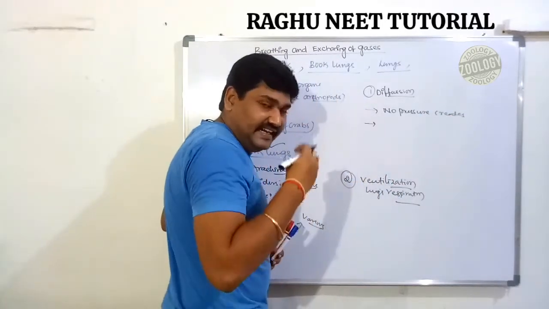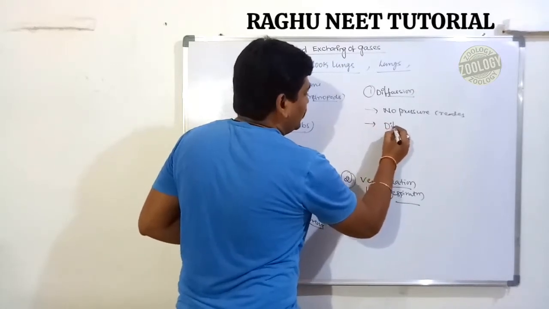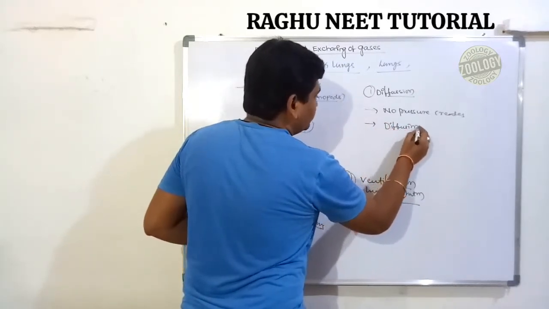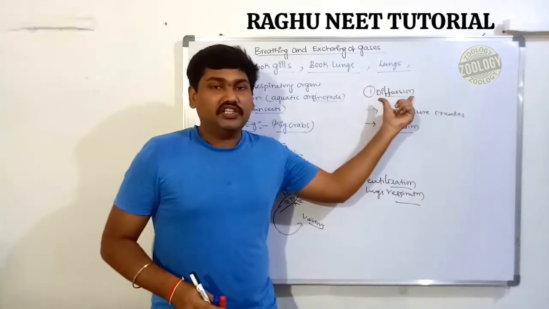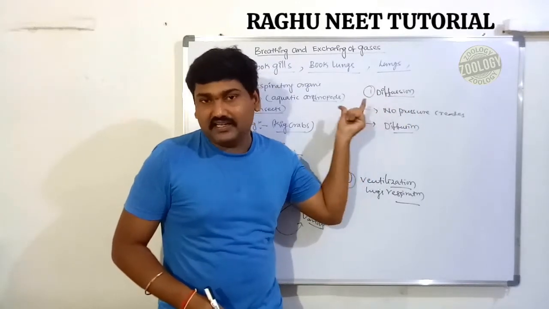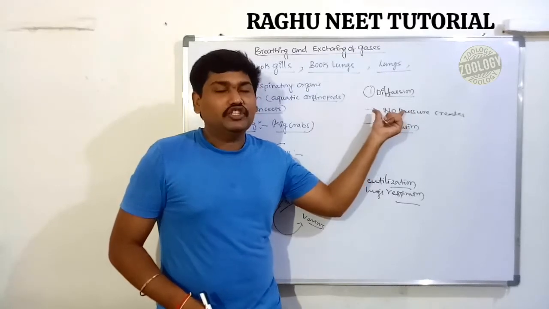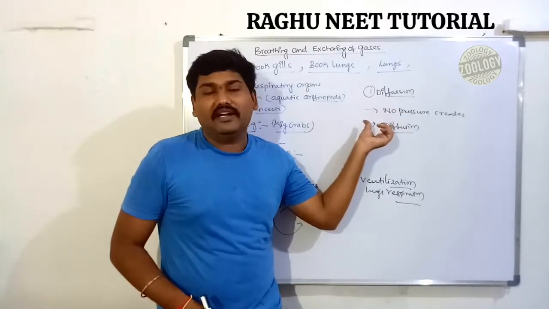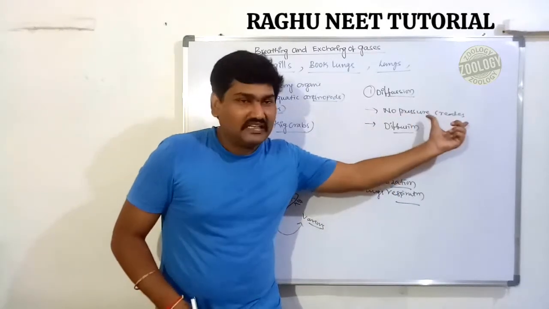The gases dissolve into fluid through diffusion. This is majorly present in the class Arachnida, where gas enters the lungs without expenditure of any energy, so no pressure is created.